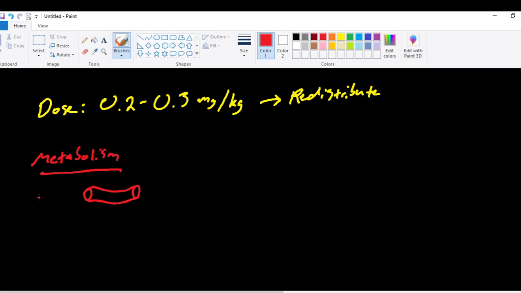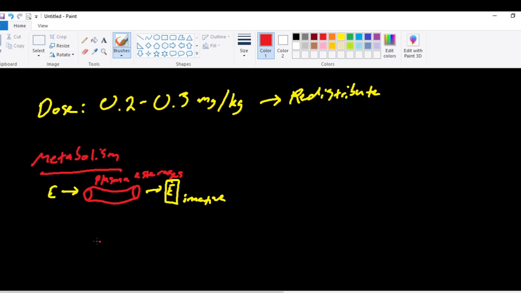And one of the ways that etomidate gets metabolized, and I'll draw my etomidate as E, is via plasma esterases. What the plasma esterases do is they hydrolyze the etomidate and allow it to be in an inactive state.